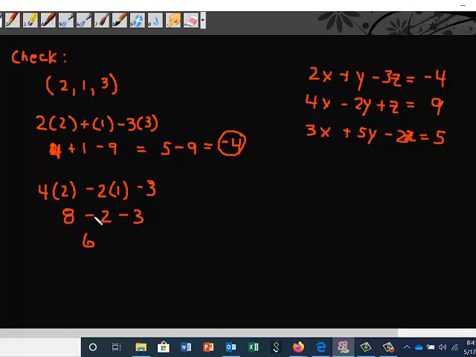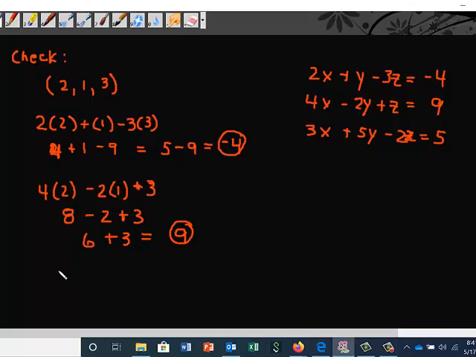And then, that's supposed to be a plus z, which is a plus 3. Sorry about that, folks. Making sure. Okay, we got 9. So this matches the original equation's solution as well.